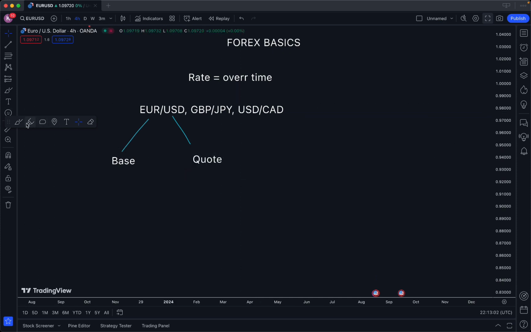Any pair you see, the first is called the base currency, and the second is called the quote currency.